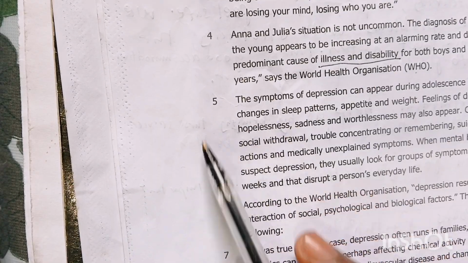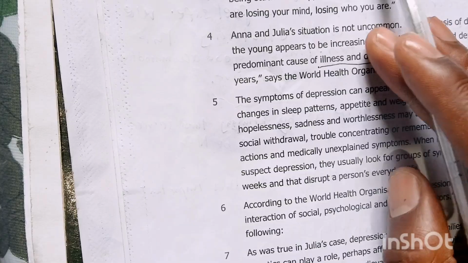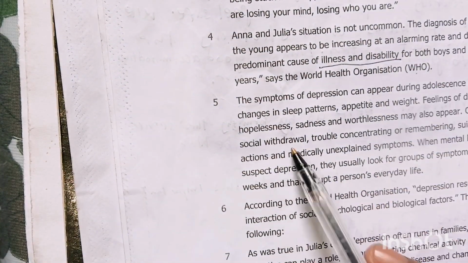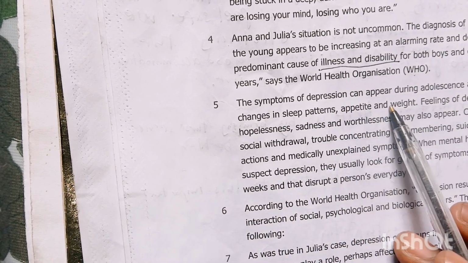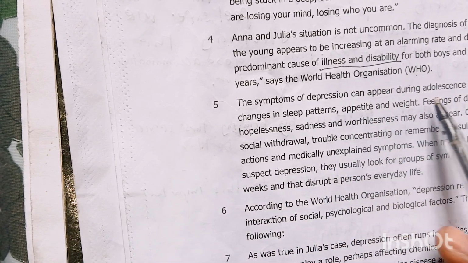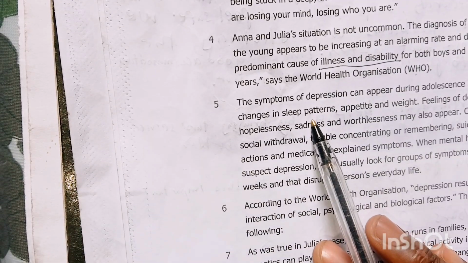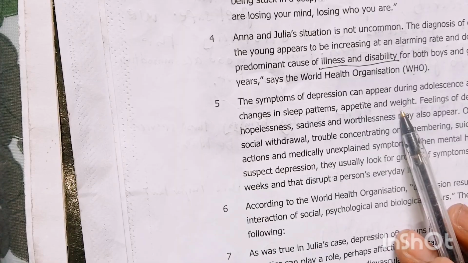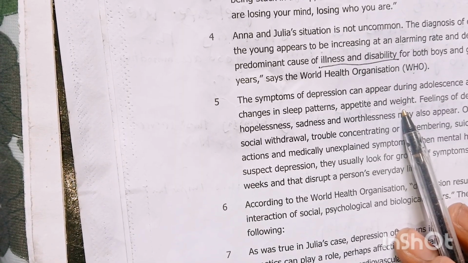Now on paragraph 5, that's where you find all these points which I was underlining there in paragraph 5. You find that the symptoms of depression can appear during adolescence and may include changes in sleep, appetite, and weight. So that's where the summary started.